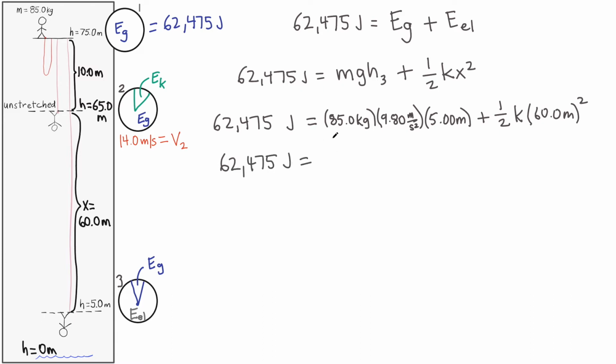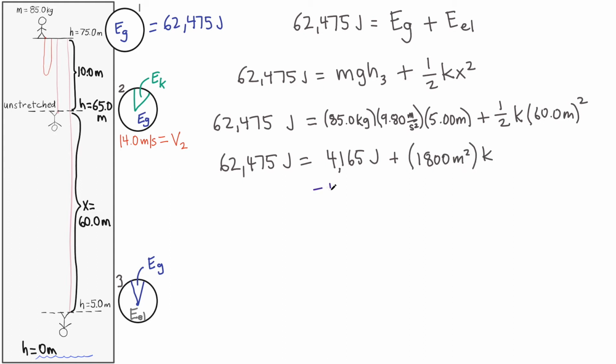The gravitational potential energy at position 3, when I multiply these numbers together, is 4,165 joules. There's not much gravitational potential energy here because the bungee jumper is only 5 meters from the water. If I take 1/2 times 60 meters squared, I get 1,800 meters squared times our unknown spring constant k.